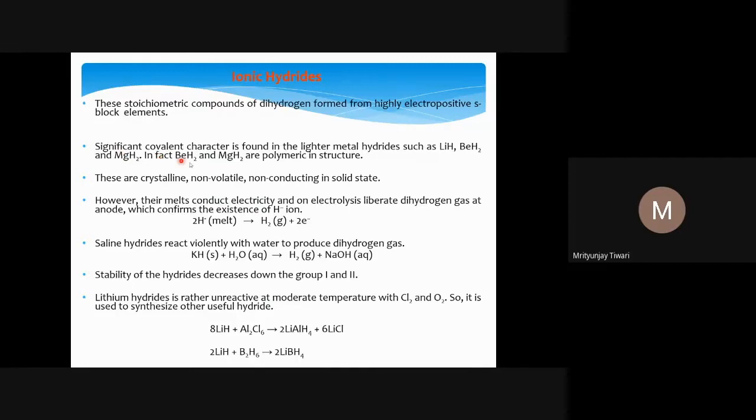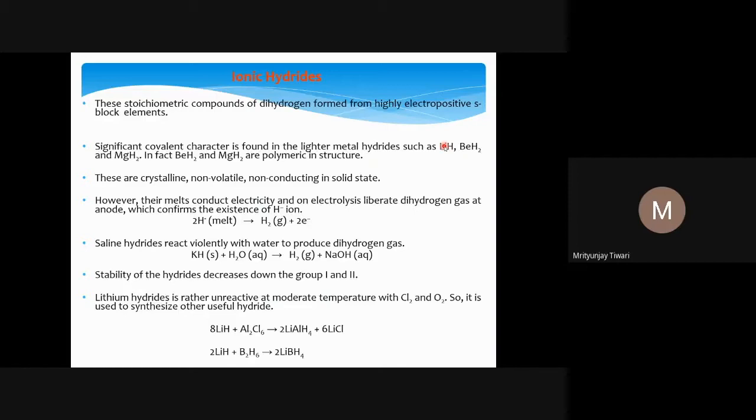Significant covalent character is found in the lighter metal hydrides such as LiH, BeH2 and MgH2. Why is there significant covalent character? This is because of Fajans' rule. If the metal ion is smaller in size, it has a high charge to size ratio, and the effective nuclear charge of that metal cation will be very high.